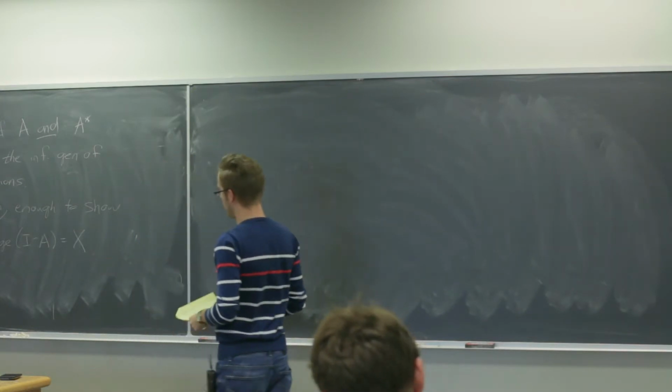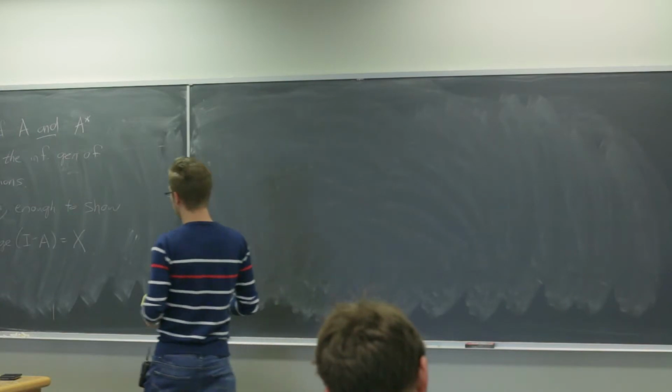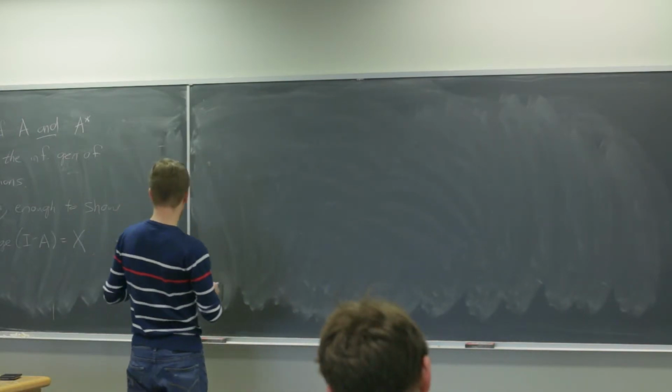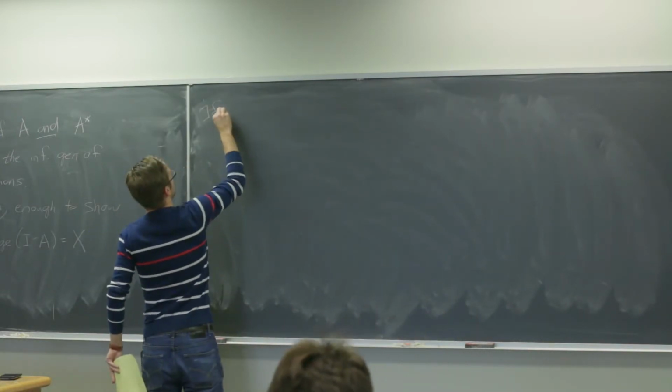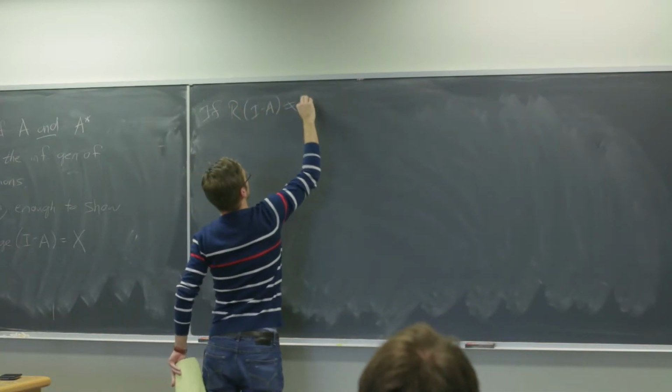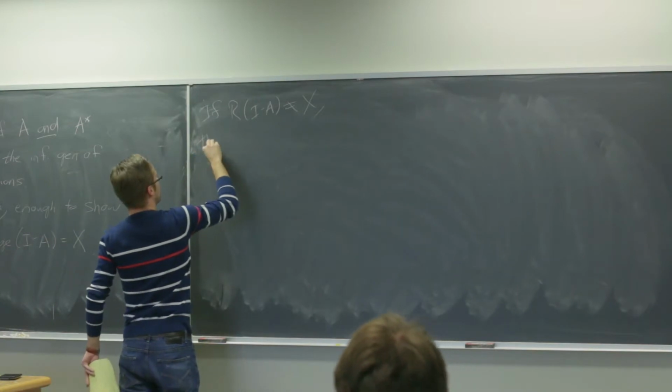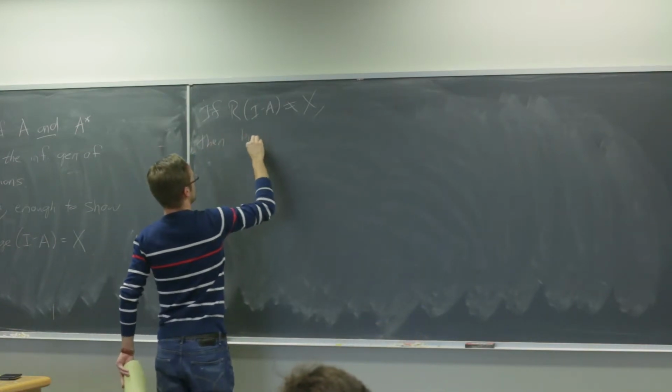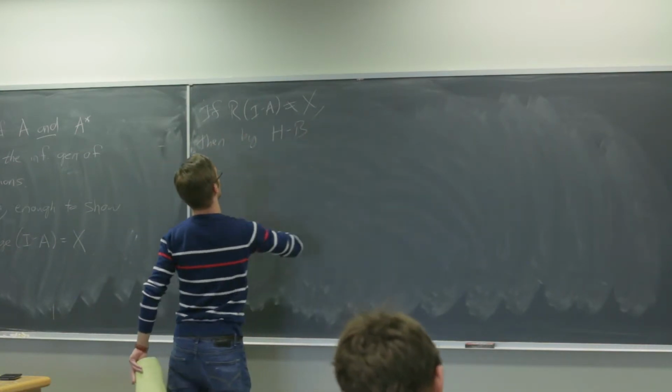I'm going to skip over some of the little details about being densely defined and all that. But basically the idea is this. If the range of the identity minus A is not equal to X, then I'm going to employ Hahn-Banach again.